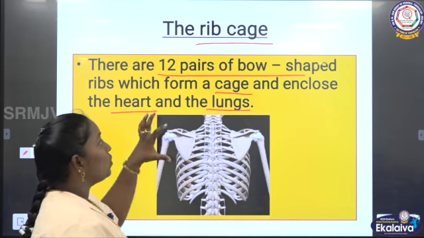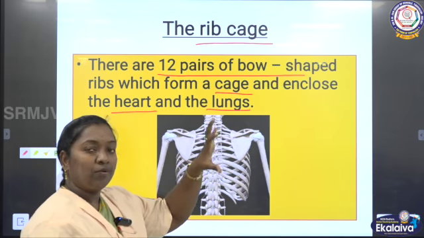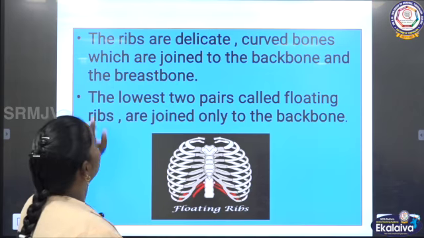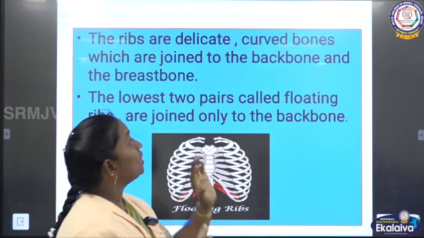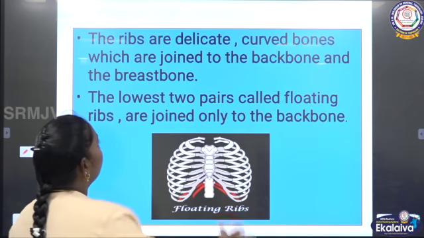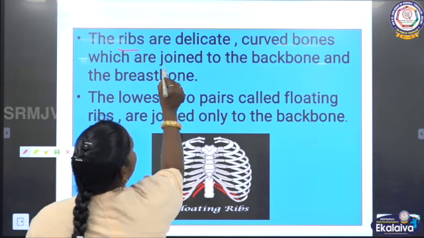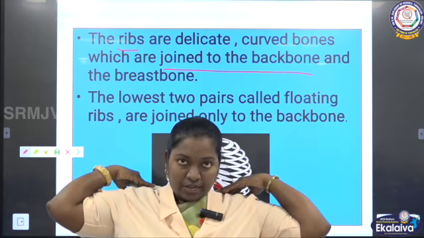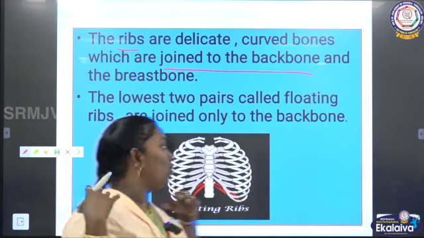The heart and lungs are protected by the bone called the ribcage. The ribs are delicate curved bones which are joined to the backbone. From here they cover completely and attach to the backbone or spine.